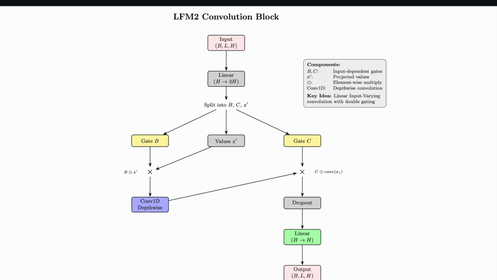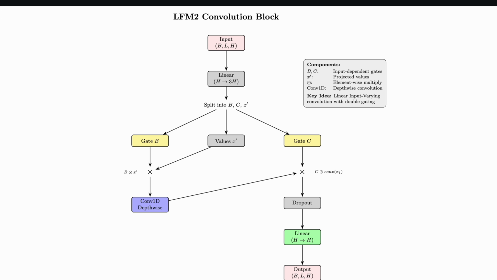The thing is, it's not exactly a differential equation or anything like that, but it is how this dynamic behavior works in LFM2.